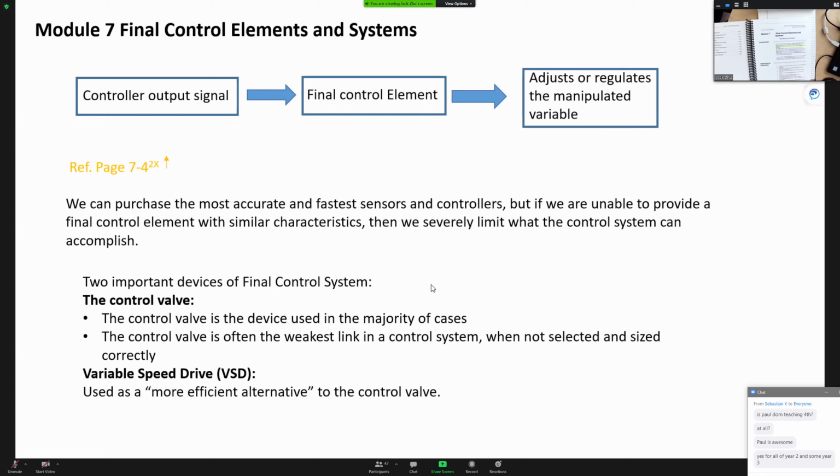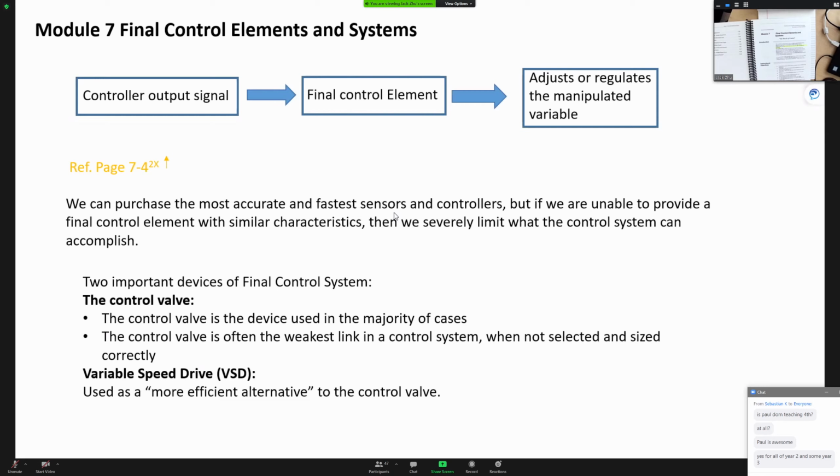The control valve is a device you can use to make adjustments to control the variable. Usually you can control the ingredient, like liquid, gas, vapor, steam, lots of things. So that's one big block of the control loop.